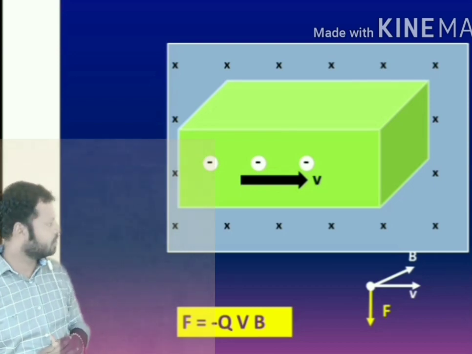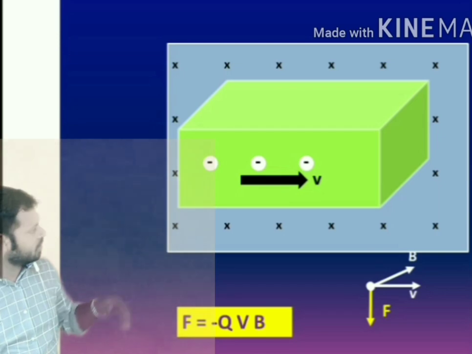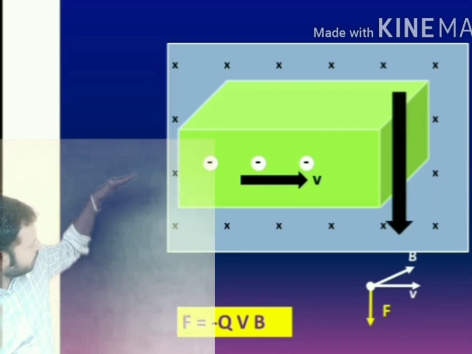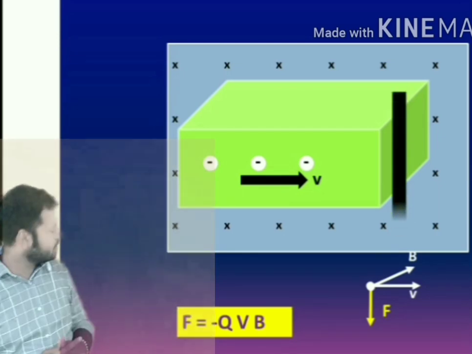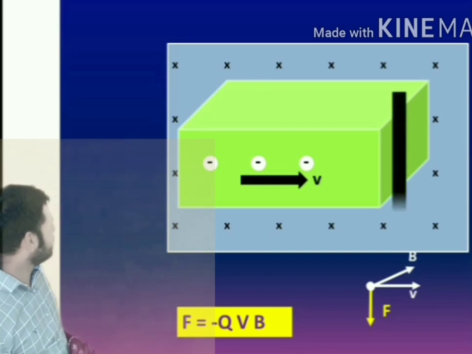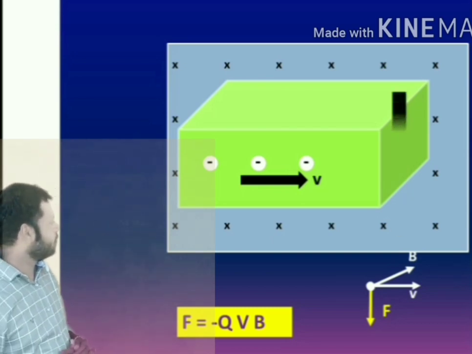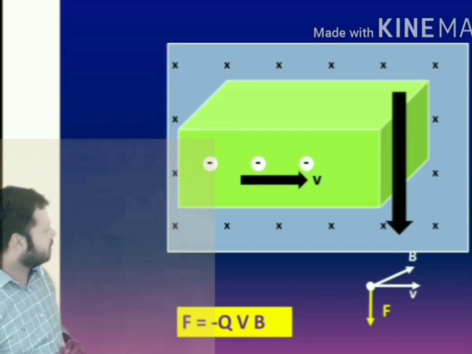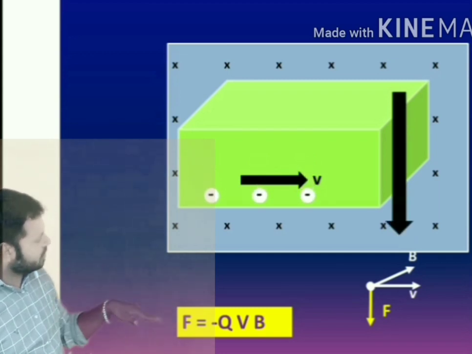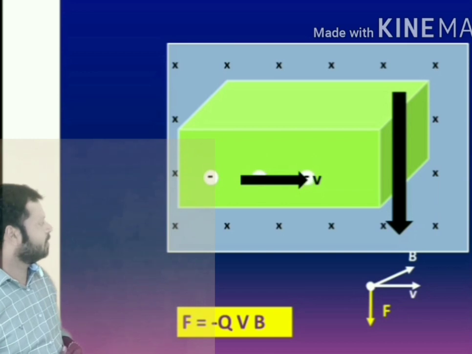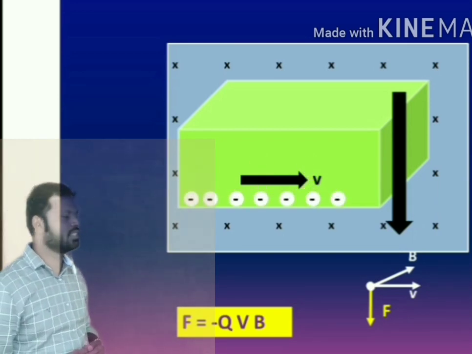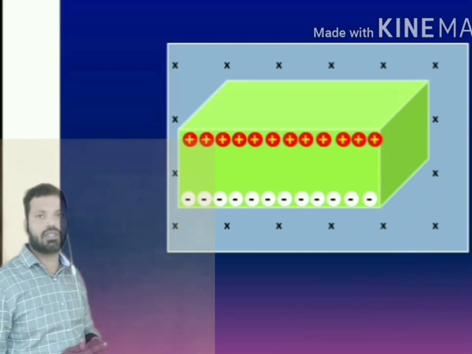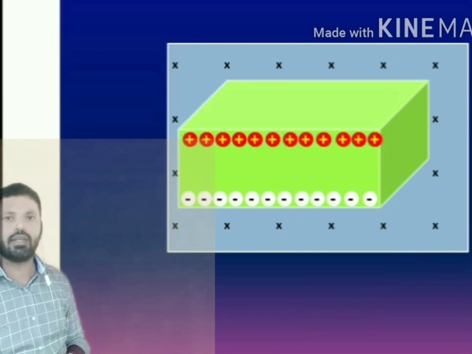The direction of this force is opposite to the force acting on positive charges, so it acts along the minus z direction. So negative charges move in the downward direction. That means they accumulate on the bottom surface of the strip. When the bottom surface accumulates negative charge, positive charges accumulate on the top side of the strip.